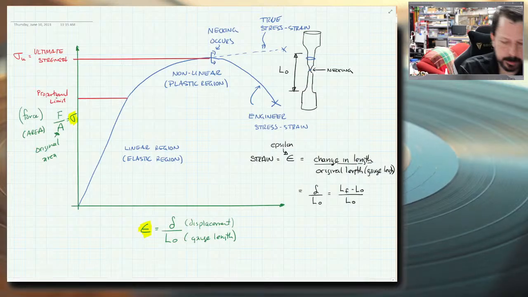Where do you think, as the viewer of this graph, it is no longer linear? Some people might say it's no longer linear right here. Somebody else might drop it down somewhere a little below that. So there's a little bit of ambiguity where the proportional limit is. And that's no good. We don't like ambiguity when we're trying to design something.